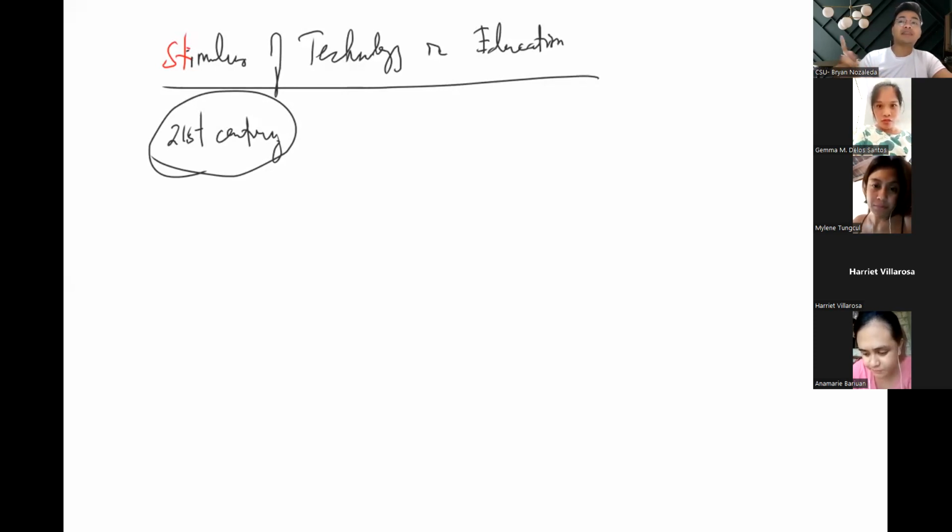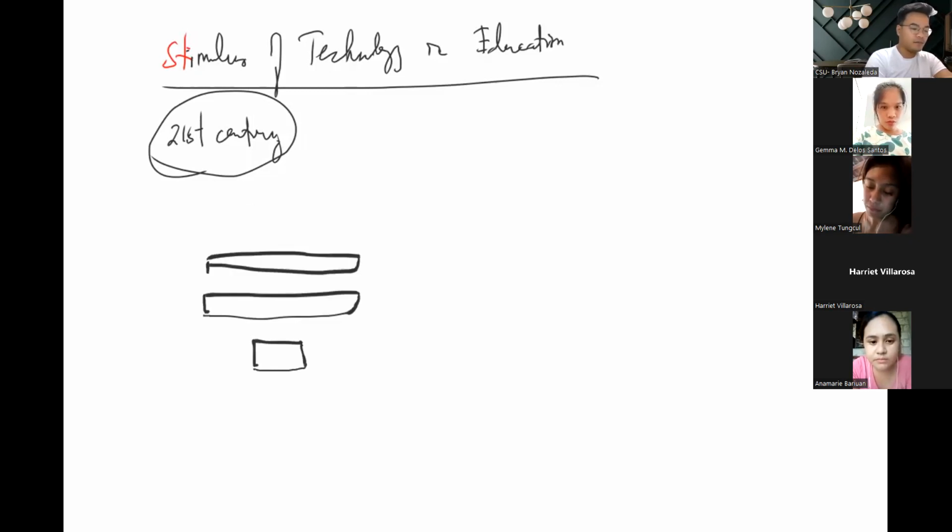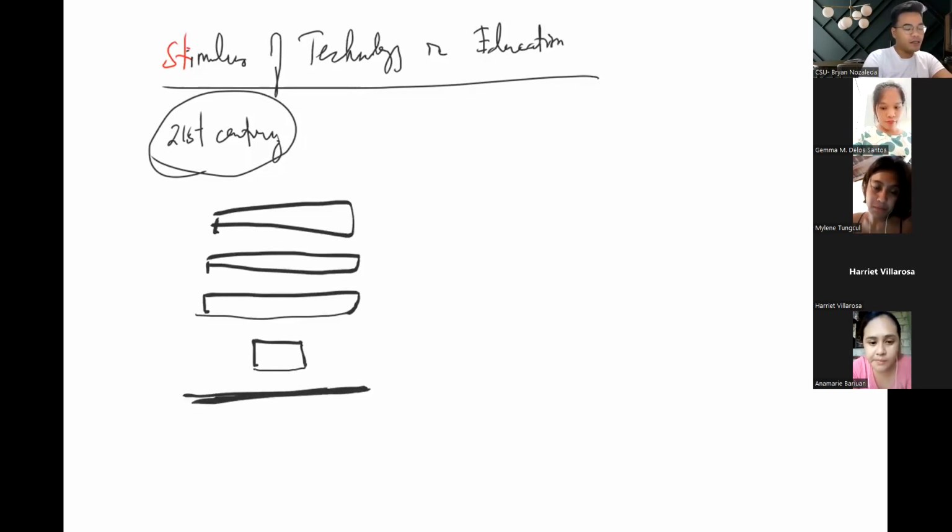For example, you can still remember the way your teachers arranged the furniture in their classrooms 20 or 30 years ago, or in movies produced over three decades ago. There is a traditional way of arranging furniture in the classroom. You can see the teacher's table in front, and then the chairs are arranged like that, isn't it? And the blackboard is in front of the students and behind the teacher.